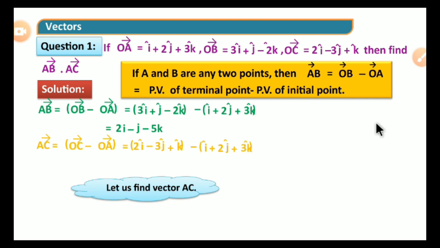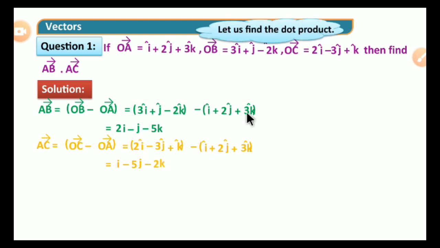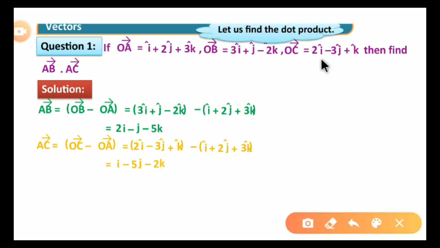Now we go for the simplification. Therefore we have i minus 5j minus 2k, because 2i minus i becomes i only, minus 3j and minus 2j means it is minus 5j, and plus k minus 3k, because we are multiplying the minus sign, becomes minus 2k.